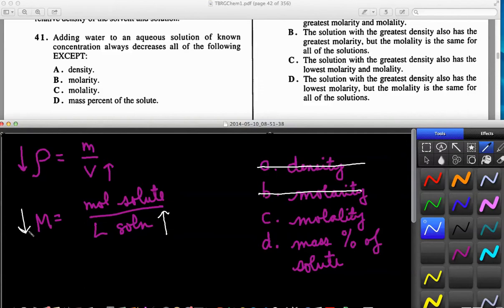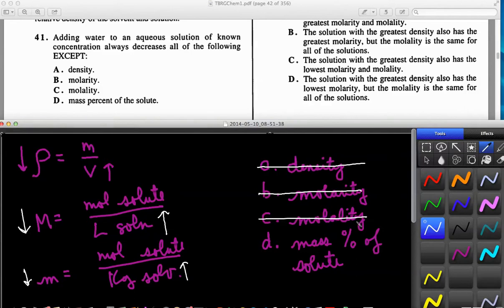So B should be eliminated. We look at C. Molality. Well, molality is moles of solute over kilogram of solvent. Now, that's mass, but I'm adding more volume, which means I'm adding more mass. This should also go down.